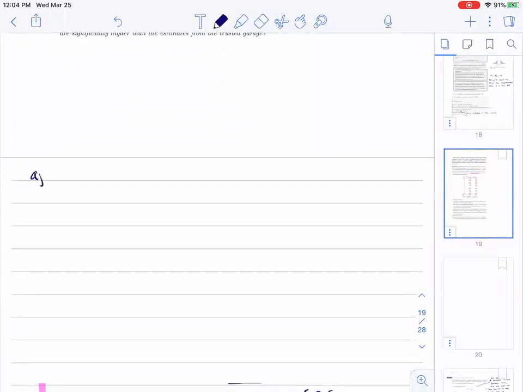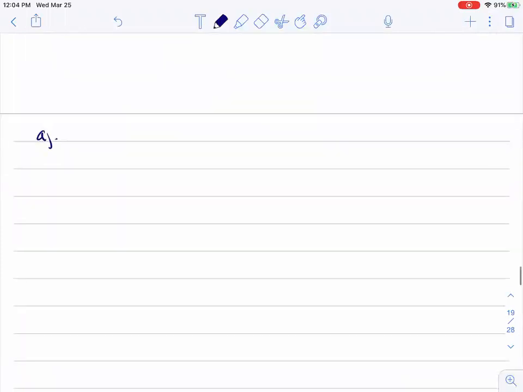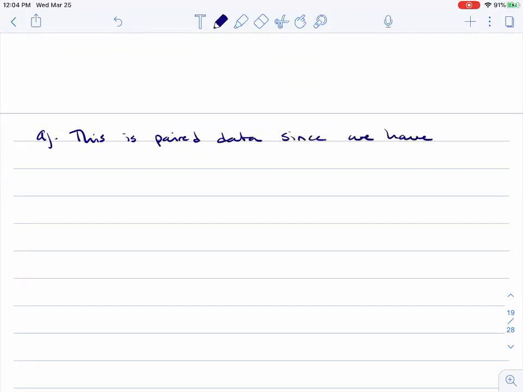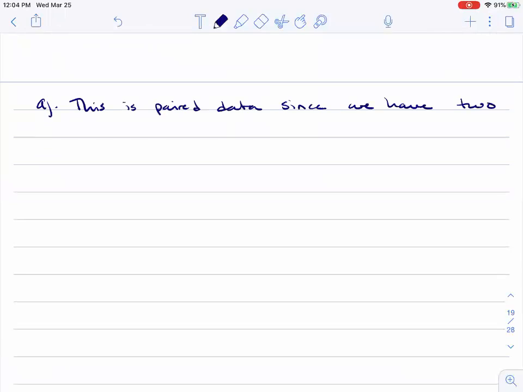So part A, this is paired data, since we have 2 measurements on each car.